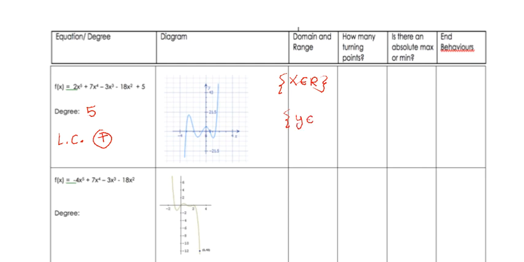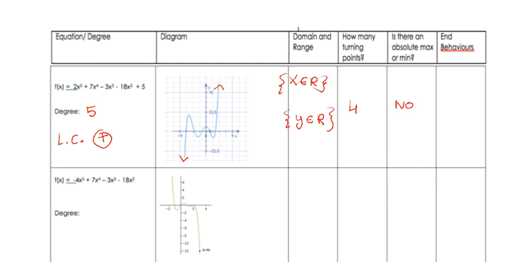Do I have any restriction on the range? No. Again, you see that the range is going all the way from -infinity to positive infinity, so there's no restriction. How many turning points do you see? 4. Is there any absolute max or min? No, there is none.